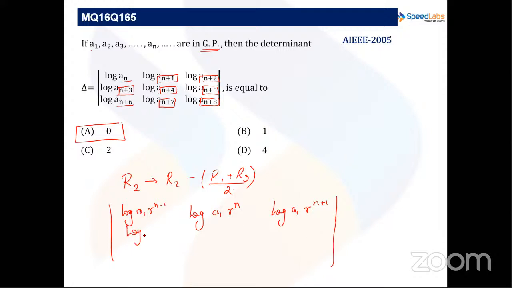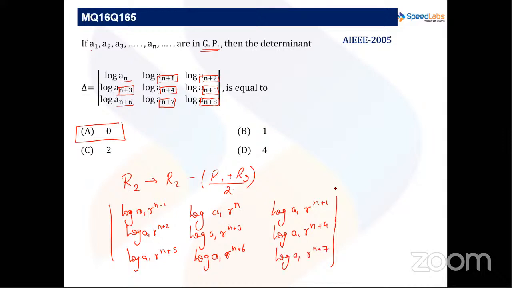This will be log a1 into r to the power n plus 2, log a1 into r to the power n plus 3 and log a1 into r to the power n plus 4. This will be log a1 into r to the power n plus 5, log a1 into r to the power n plus 6 and log a1 into r to the power n plus 7.